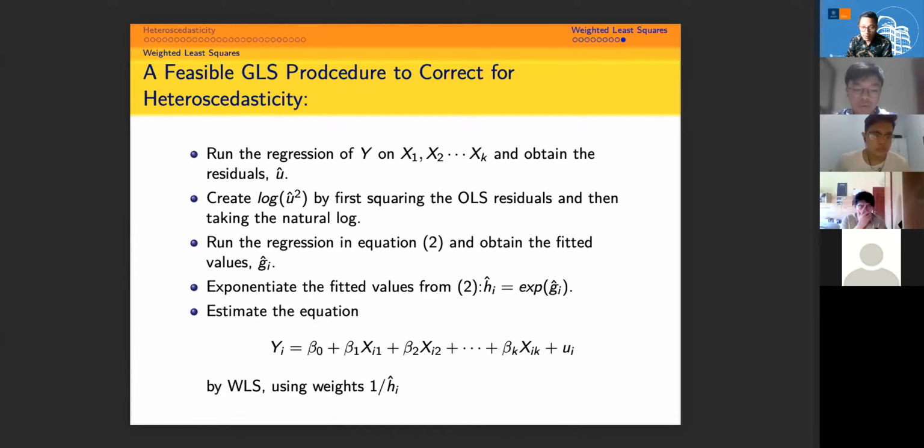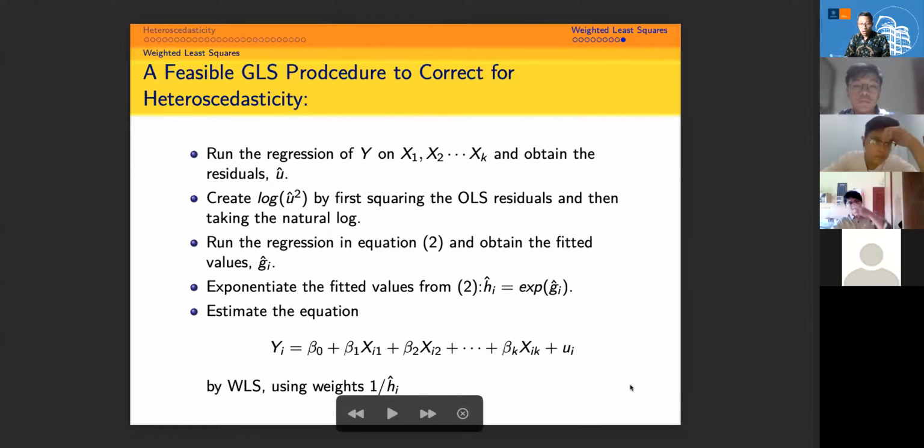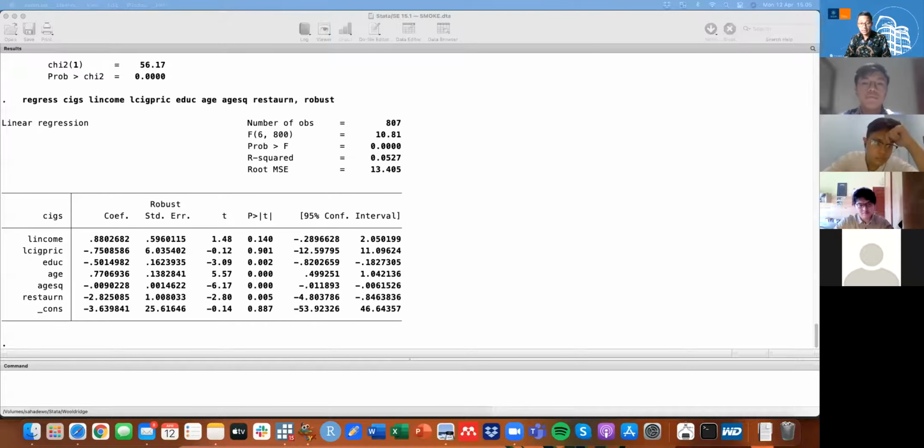Again, the transformation only affects the variables. It doesn't affect the interpretation of the estimated parameters beta 1, beta 2 until beta k. Okay. All right, so I'm going to go back to Stata, and then I'm going to provide you with an illustration of the exercise in Stata.